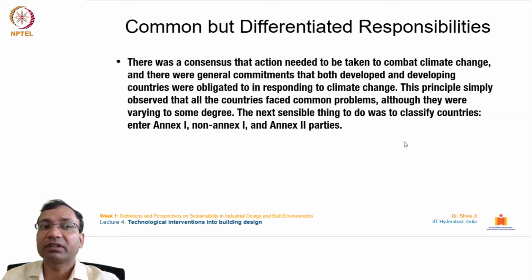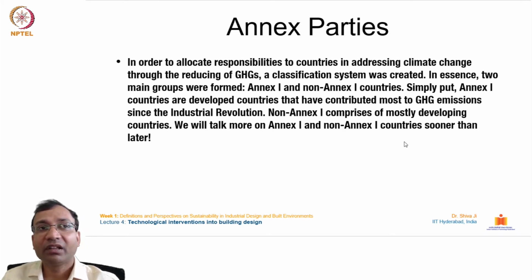The next sensible thing to do was to classify countries into Annex 1, Annex 2, and non-Annex 1 countries, etc. Well, Annex parties. So, in order to allocate responsibilities to countries in addressing climate change through the reduction of GHGs, a classification system was created.